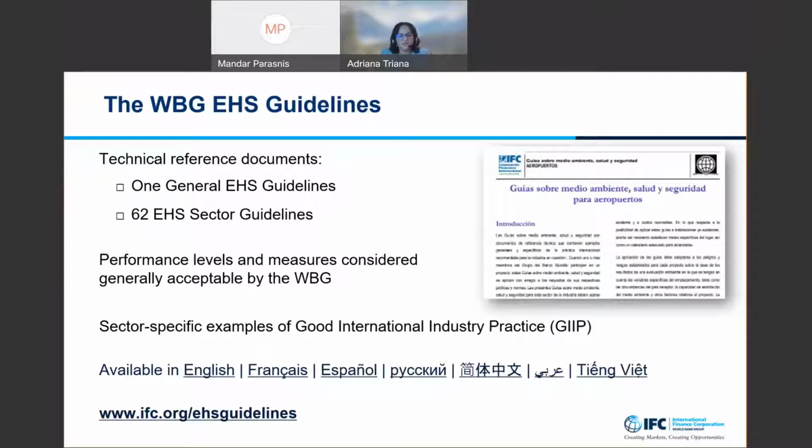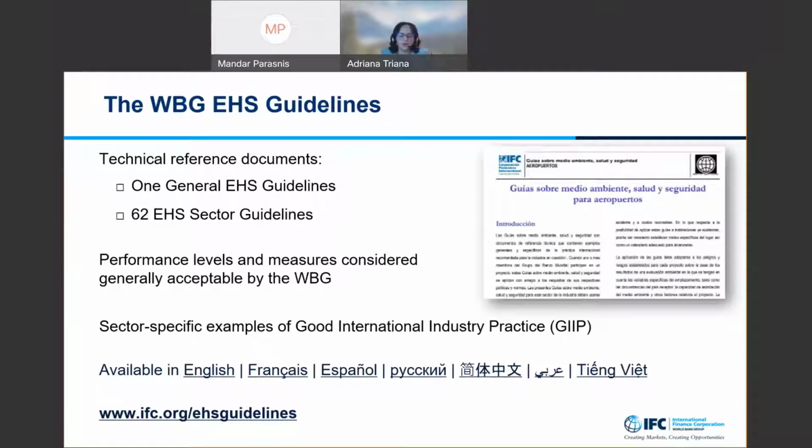The sector guidelines provide sector-specific good practice, but also values for discharge, for benchmark on energy, on water, and effluents. And they are available on our website, and also in different languages.